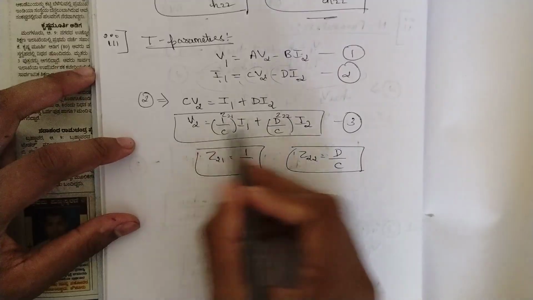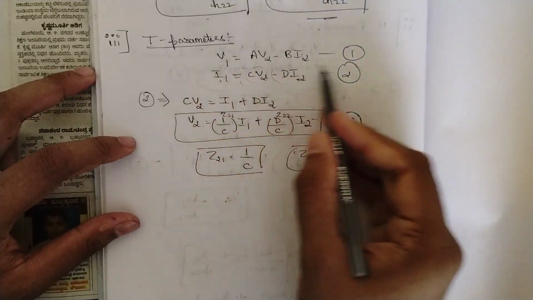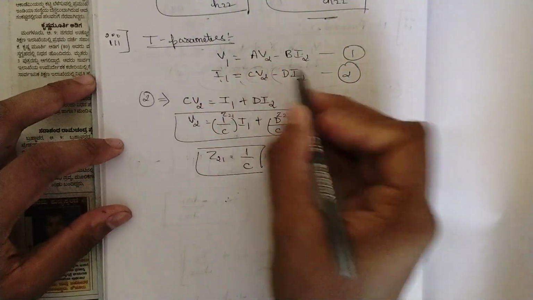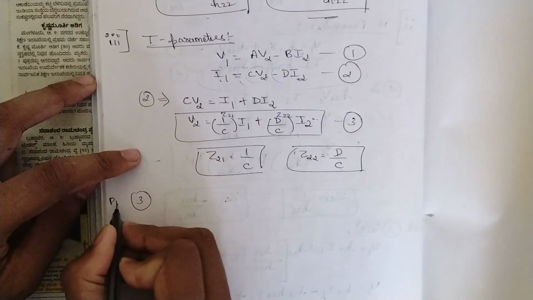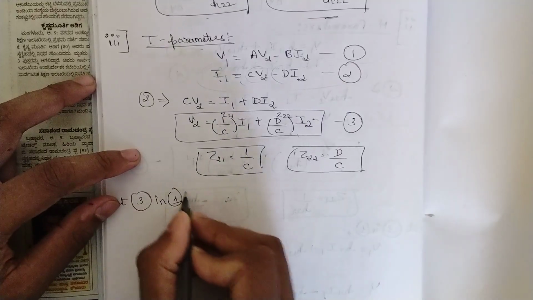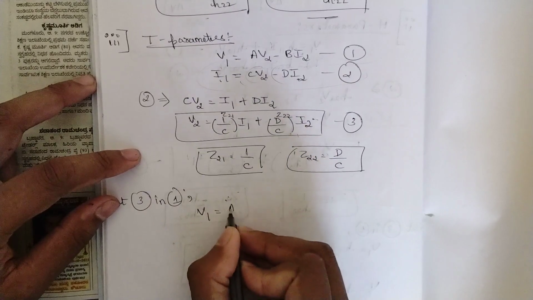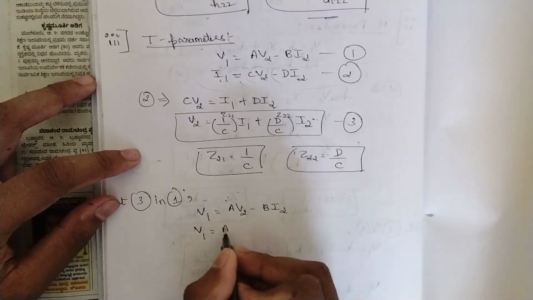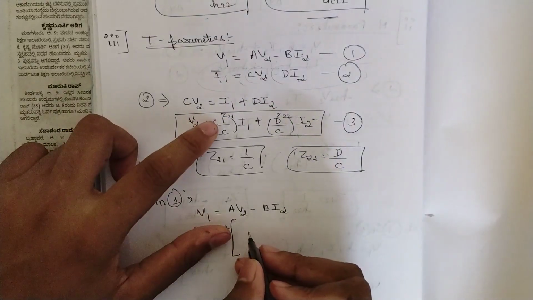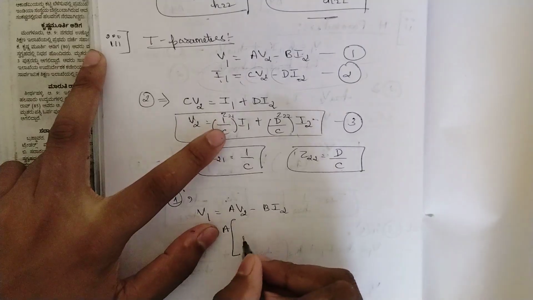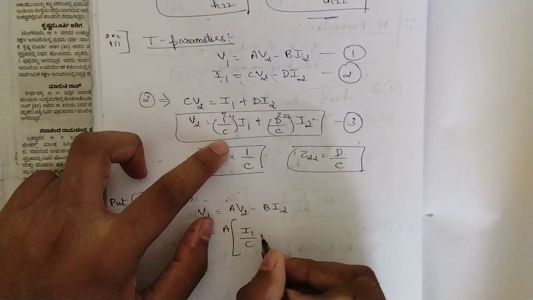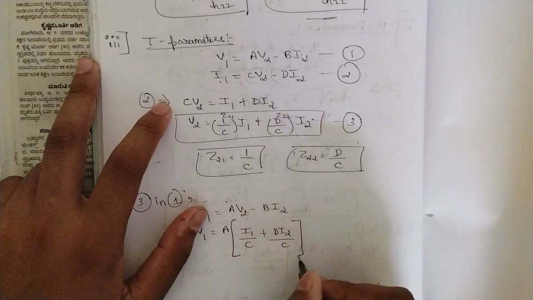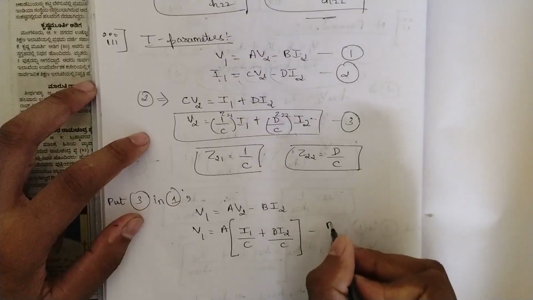Now whatever the value of V2 is there, which equation have we not considered? That is the V1 equation. We should be substituting that in equation 1. Substitute equation 3 in equation 1. What is equation 1? V1 is equal to A V2 minus B I2. That is, V1 is equal to A into the value of V2, which is I1 by C plus D I2 by C, minus B I2.